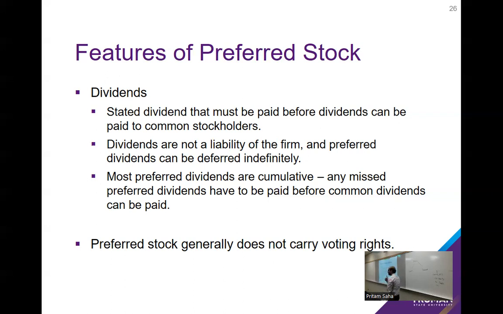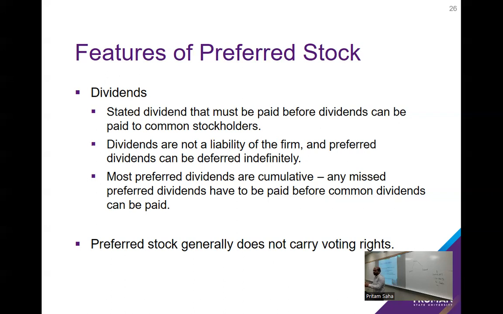But most preferred stock comes with cumulative terms and conditions. What does cumulative mean? If they fail to pay this year, they will add this dividend to next year. So next year they will pay for 2 years.